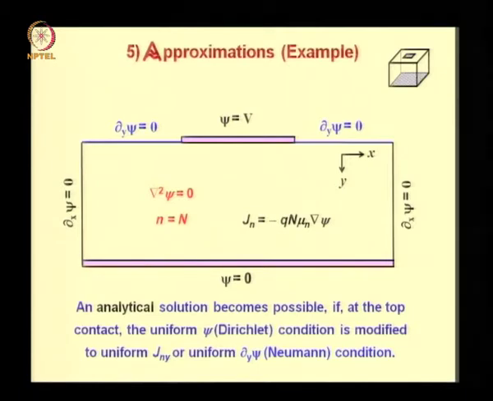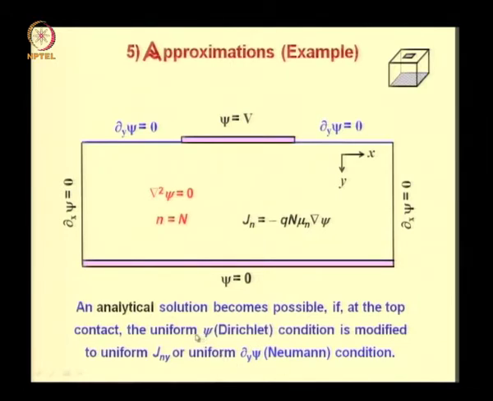An analytical solution becomes possible if at the top contact, that is here, the uniform psi, which is a Dirichlet boundary condition, is modified to uniform JNY, or a uniform dou psi by dou y, which means a uniform electric field in the y direction over the contact, which is a Neumann condition.